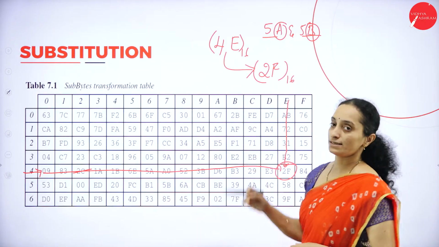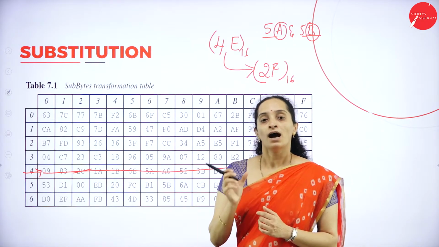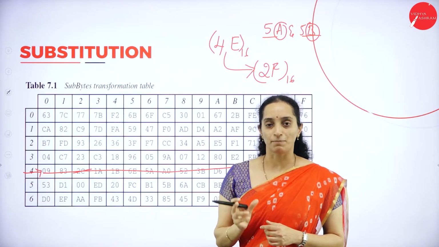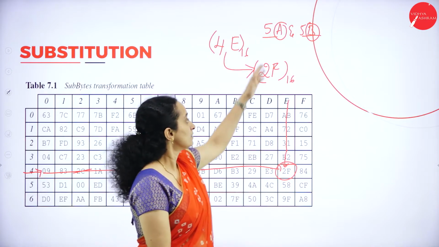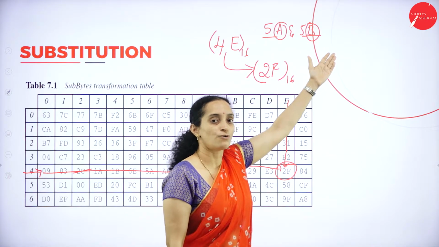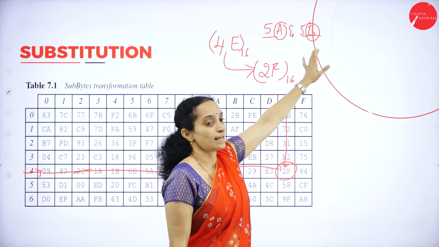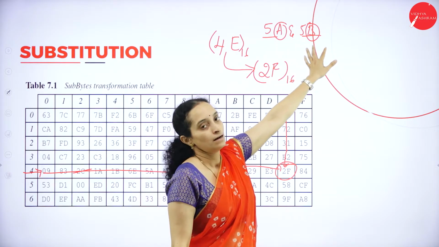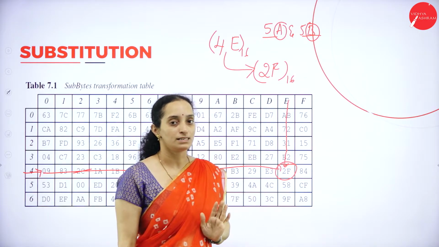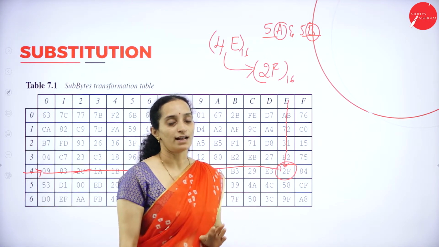It is differing by only 4 bits. Otherwise, it is the same. The row value is 5, only the column value is differing. Only this half byte is differing, by only one value.